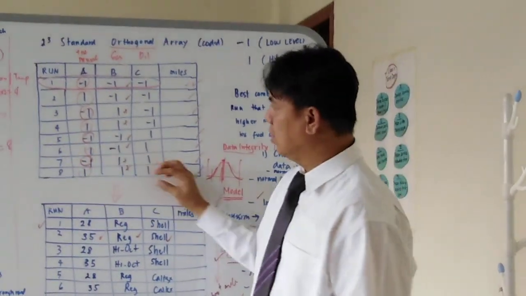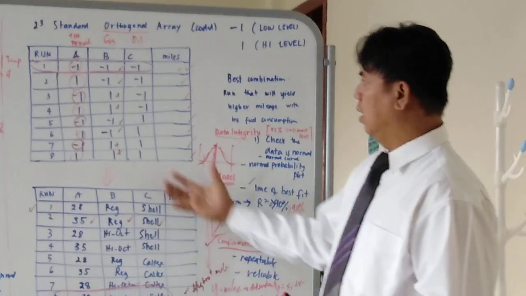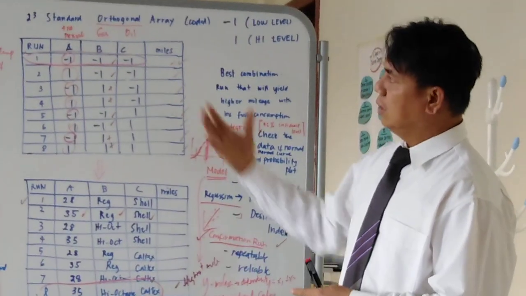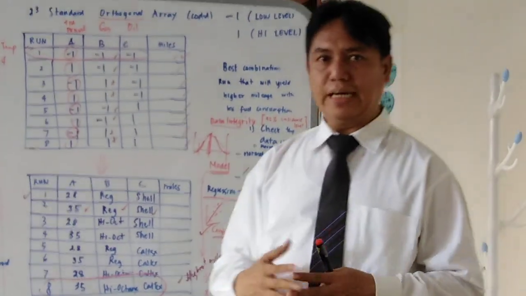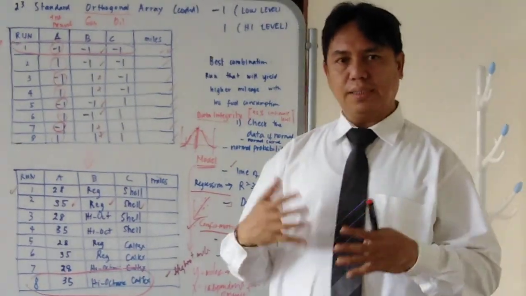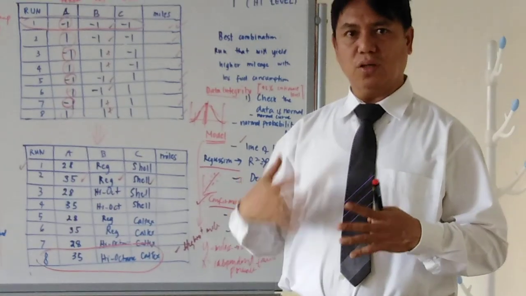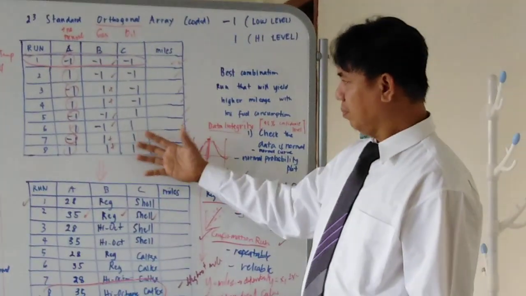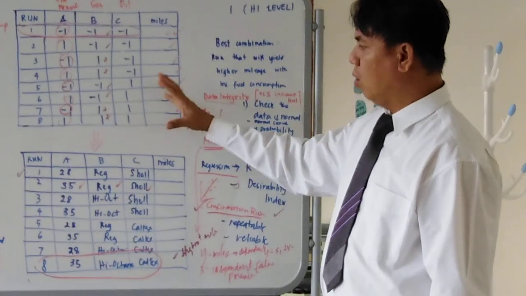That combination is the product of this orthogonal array. That is what factorial design is all about. We are studying the different levels of the factors all at the same time, not one at a time, and then seeing the effect on our output, and also their interaction.